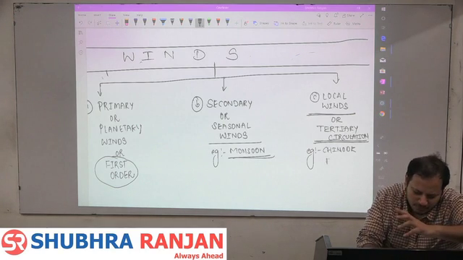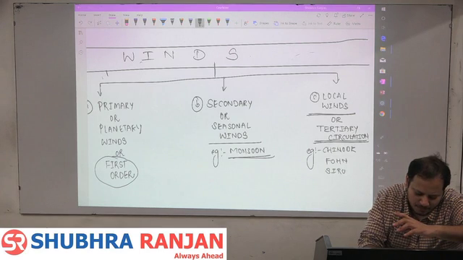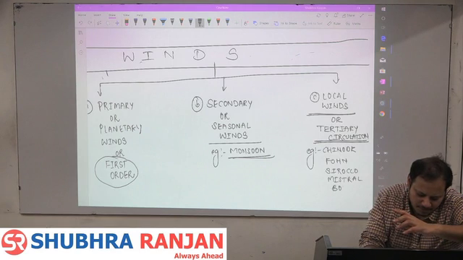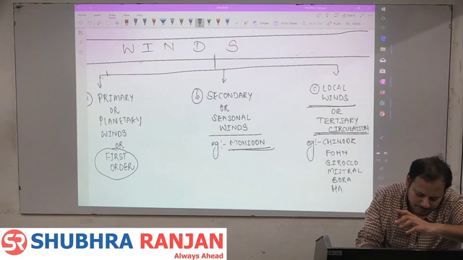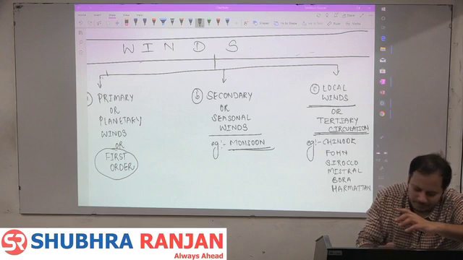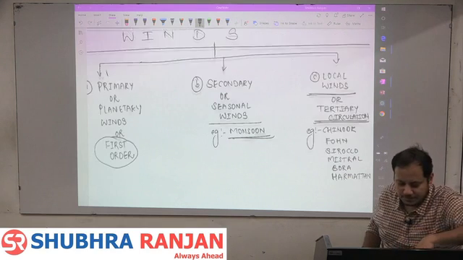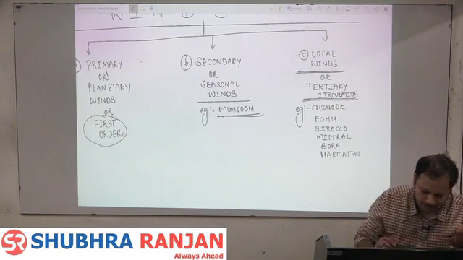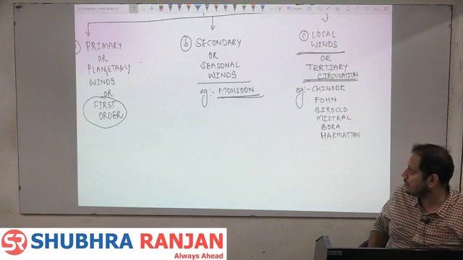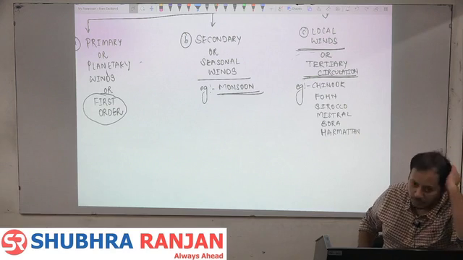Chinook, Foehn, Sirocco, Mistral, Bora, Harmattan. These are the examples of local winds.